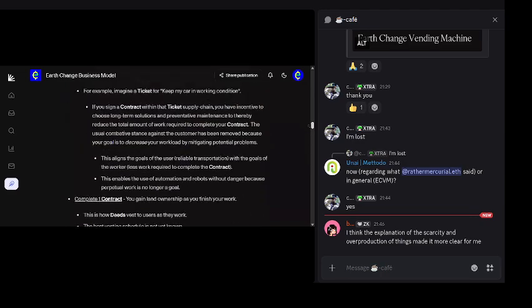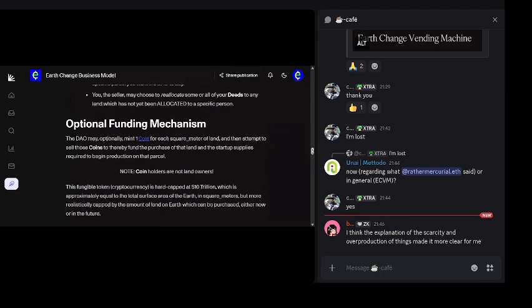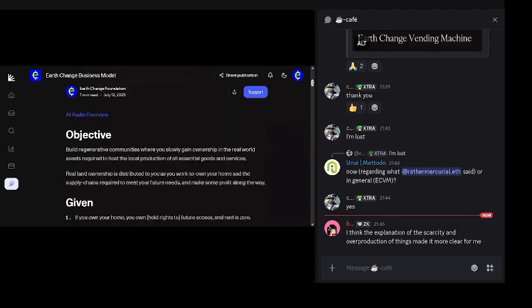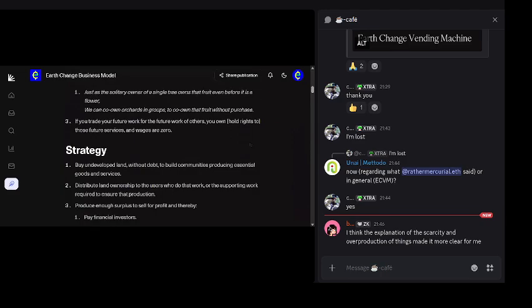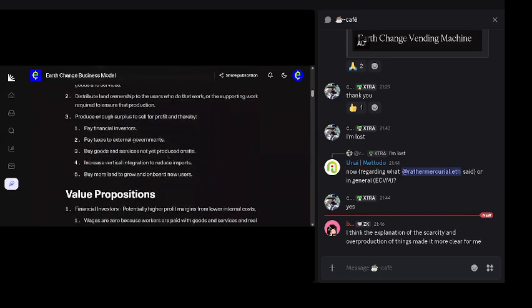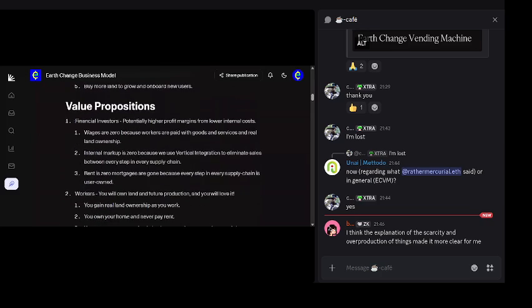So wait a second, what other options did you have in mind, or do you suggest? I think we can attract financial investors, because we can just use regular traditional Shark Tank kind of investors, angel venture capitalists.